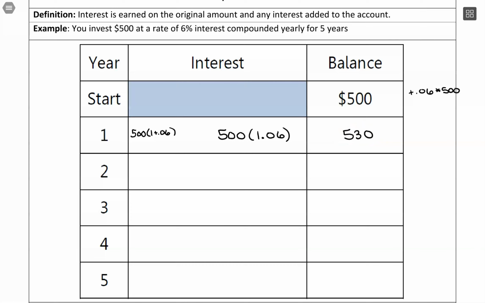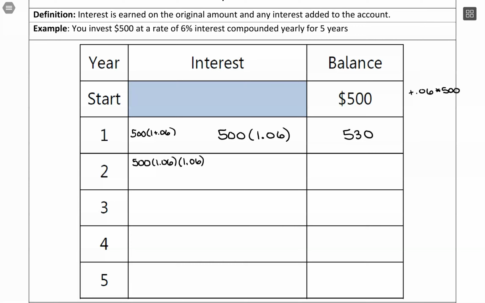So what I'm going to do is write this out in terms of a calculation. It's like I have my initial amount. We took 106% of that initial amount, and that got us to 530. Then what we want to do is take 106% of that calculation. So what I want to do is multiply on 1.06 again.